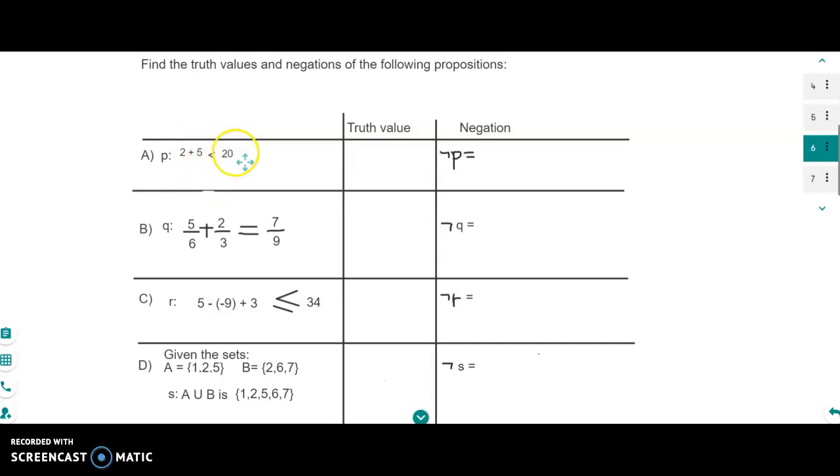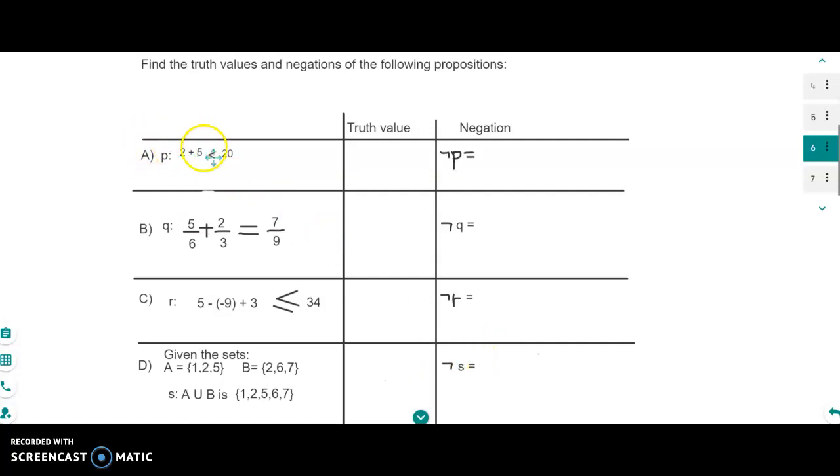We are going to find first its true value, if it's true or false, and then find the negation of this proposition, so the opposite of this proposition. All right, so now let's start.